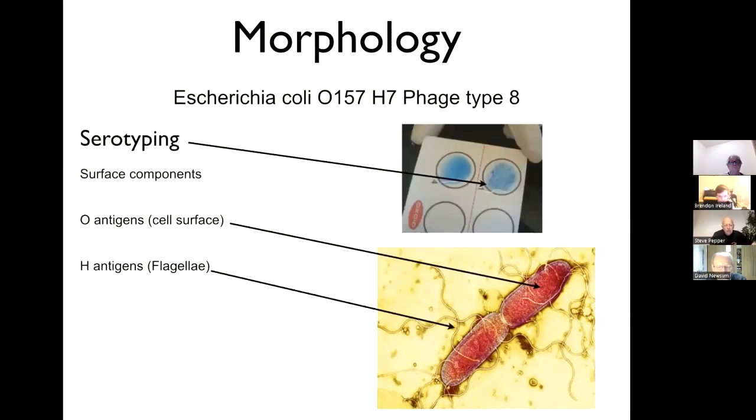So serotyping will find the O antigens on the cell surface, and the H antigens, or the flagellae, they're found on the surface of the flagellae. So that's why on the sample that we showed you, where there are clumps on the serotyping, that's where you've got two different types. So that's O157 and H7.